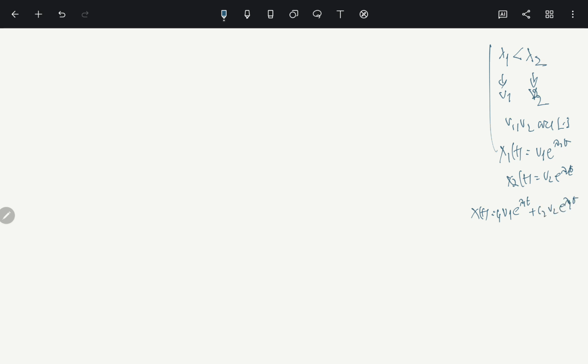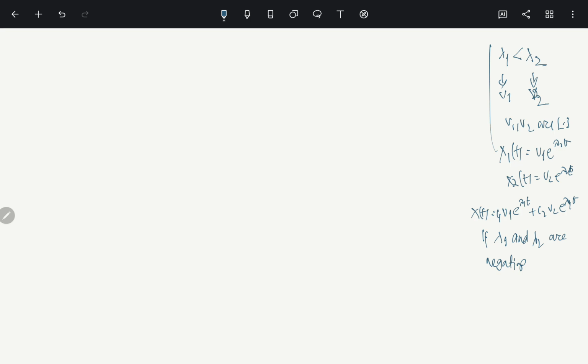Clear? Now, if lambda 1 and lambda 2 are both negative, what happens then?